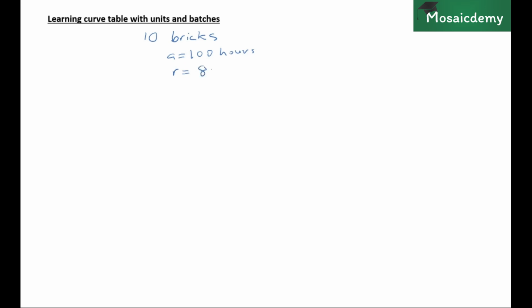Let's say it's 80%. What that means is now our table, instead of having a column for units, will have a column for batches, which will follow the same pattern which we covered previously. 1, then every time we move down a row, we multiply the previous value by 2. 2, 4, 8, and so on, right?